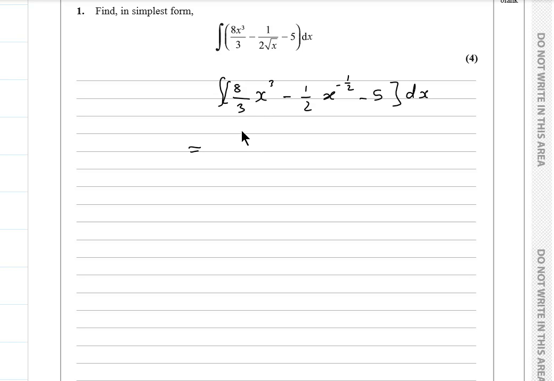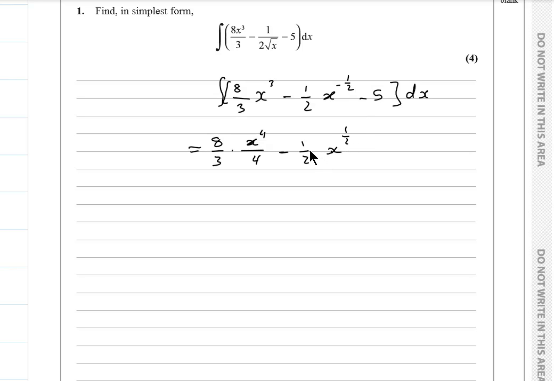So we have x to the power 4 over 4, 8 over 3 multiplied by x to the power 4 over 4, and then minus half. We raise the power by 1 to be x to the power of half. Negative half plus 1 means half.